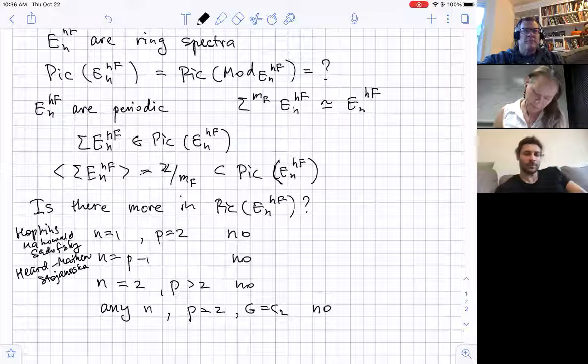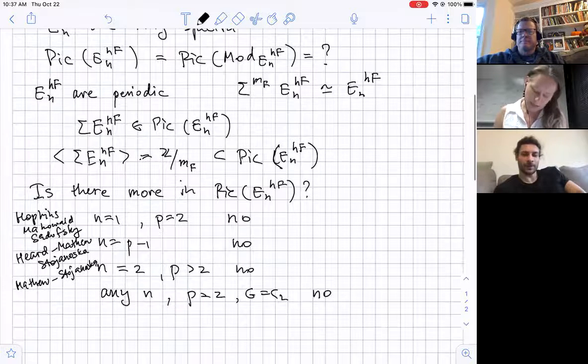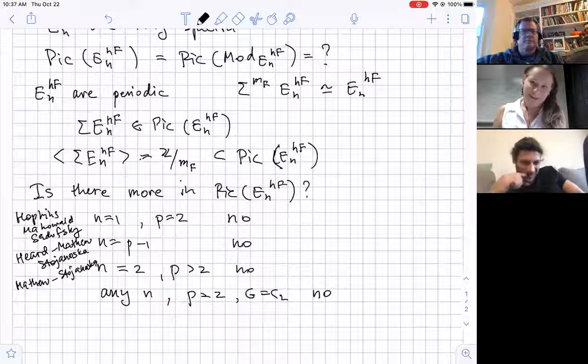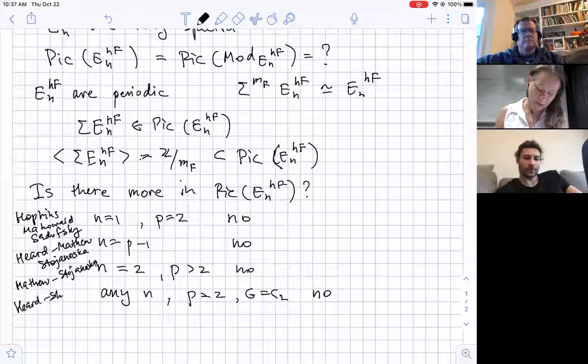So n equals 2, prime 2, I think that follows from a paper of Mathew and Stojanoska. And the last one is, Guchuan, are you here? Help me. I don't remember. So it's Tobias, Hurd, and Danny. Yes, okay. Thanks.